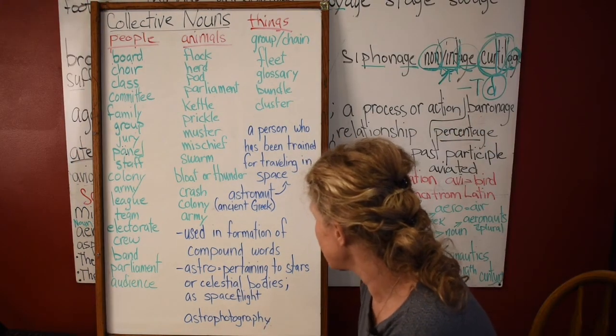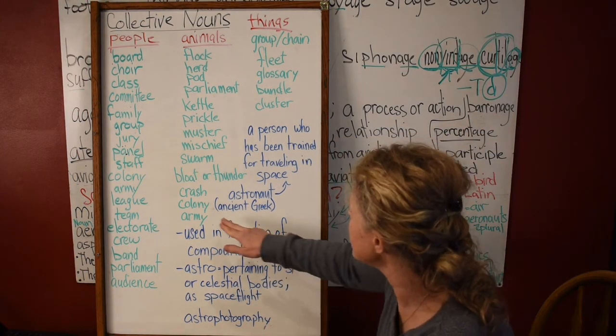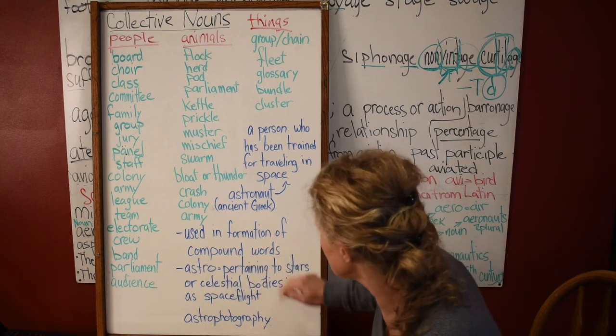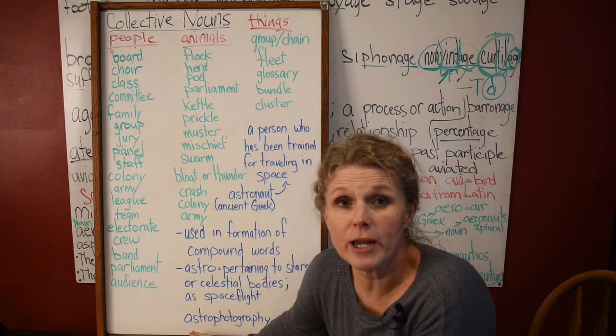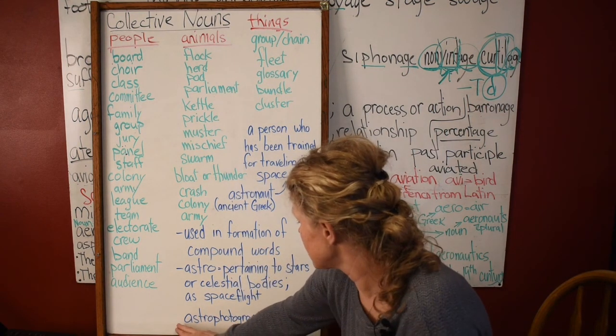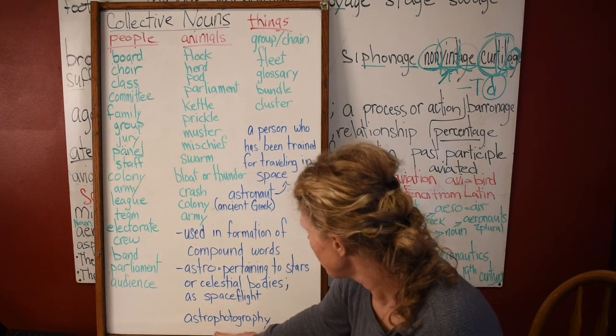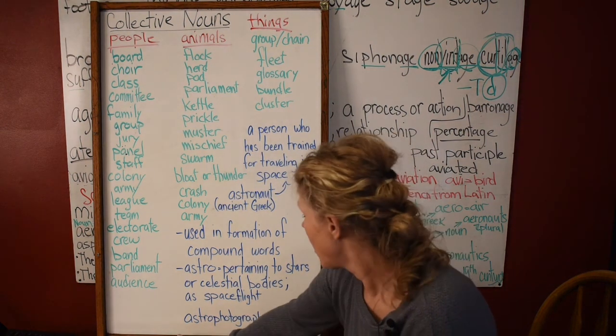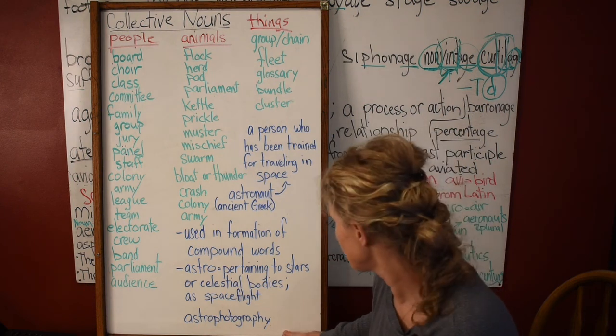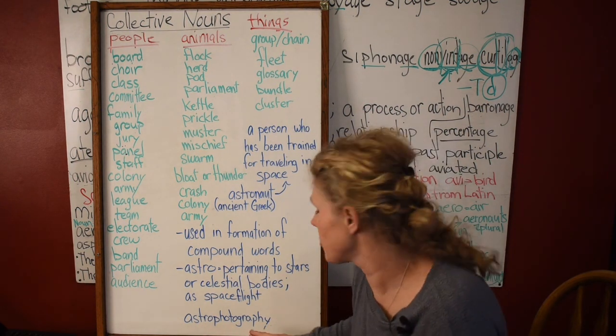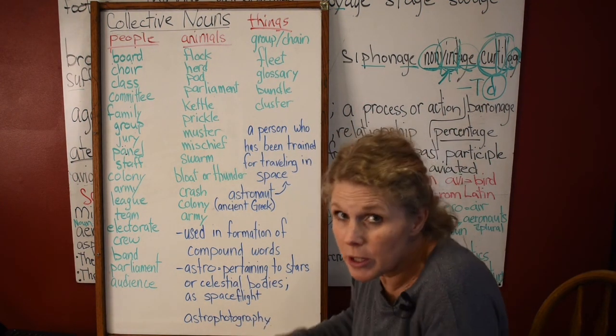This word says astrophotography, and it is a compound word of Greek words. So we have astro, photo, and graph. Astrophotography. And I typically read it backwards, but not always.